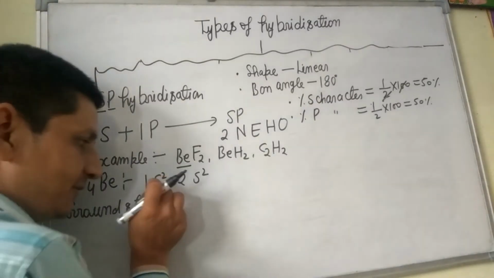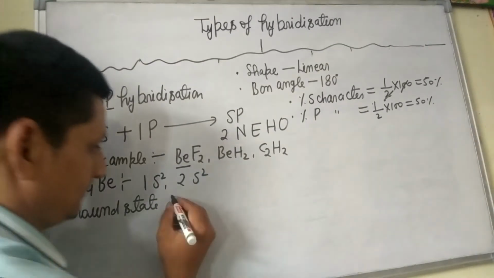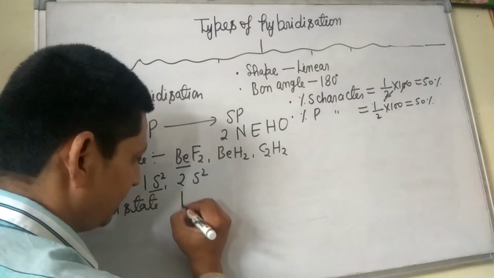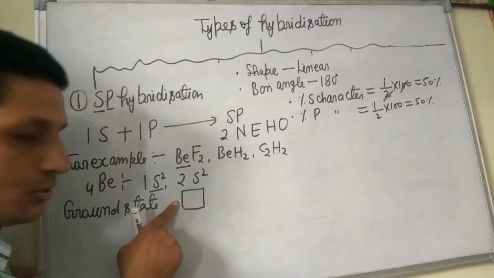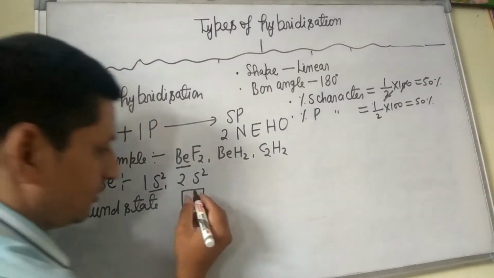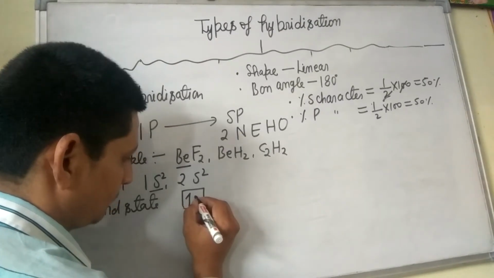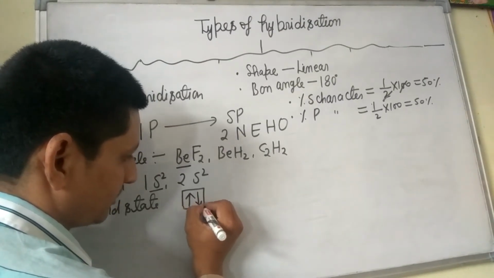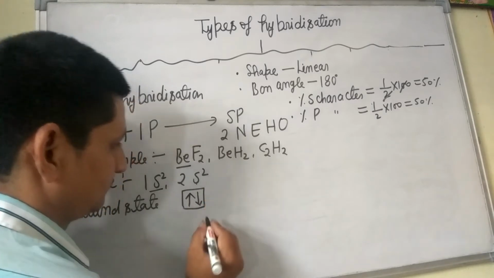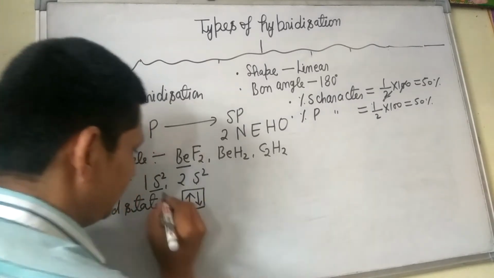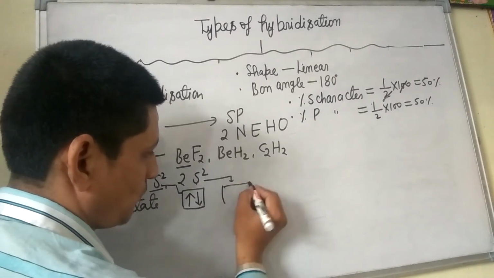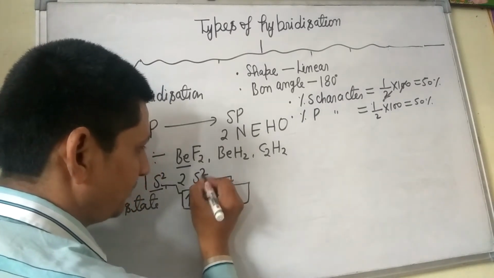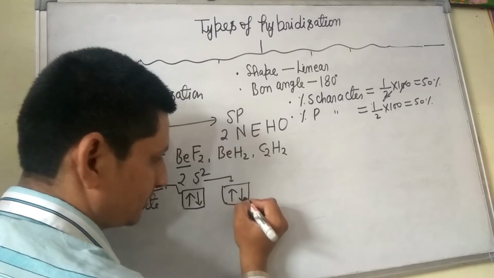Now we will fill these electrons in orbitals. 1s contains only one orbital, so 2 electrons there. After this 2s, again we fill 2 electrons.